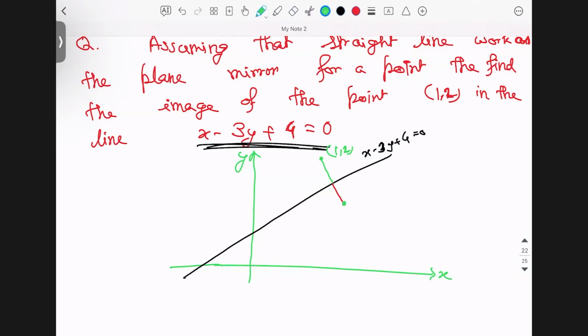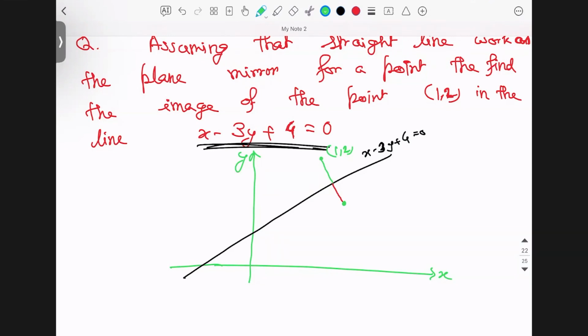So the green line and the red line should have the same distance, because a mirror works like that: the distance of the object from the mirror and the distance of the image inside the mirror should be the same. Just the reflection will be on the opposite side, but the distance must be the same, right? So here also this question is the same.